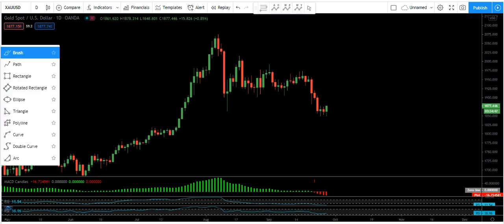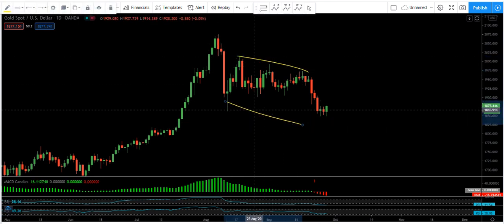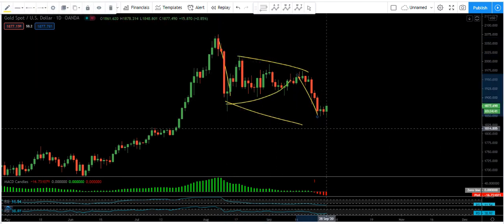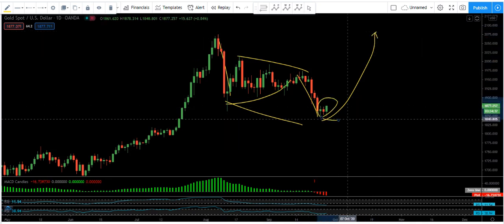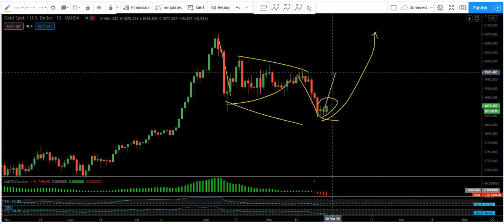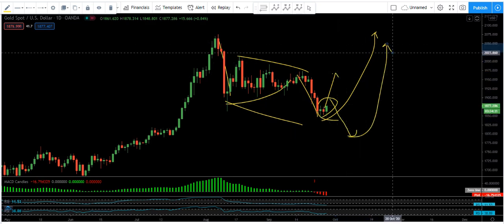The first option is we consider this is the correction 1 2 3, and now we're expecting the up move, whether from here or the price can still drop, and then from there we can look for the up.